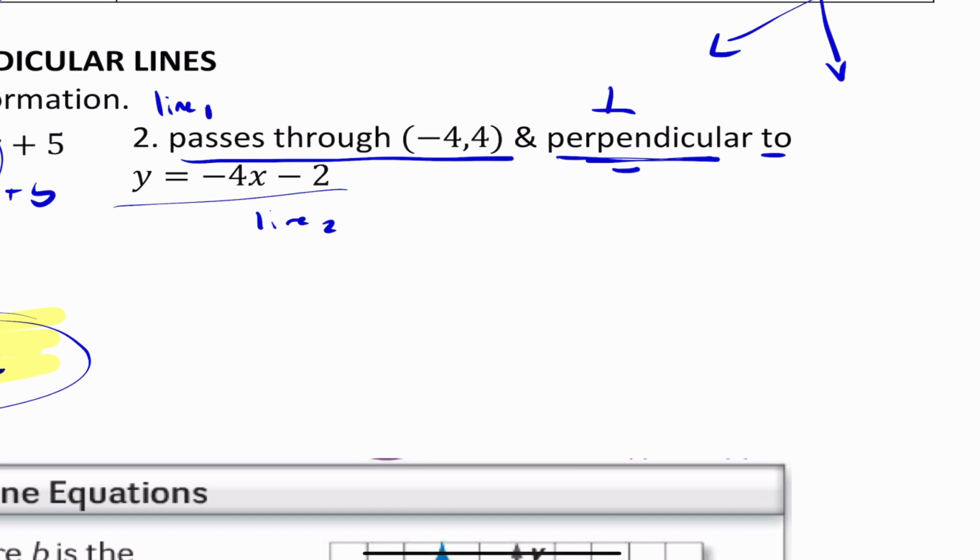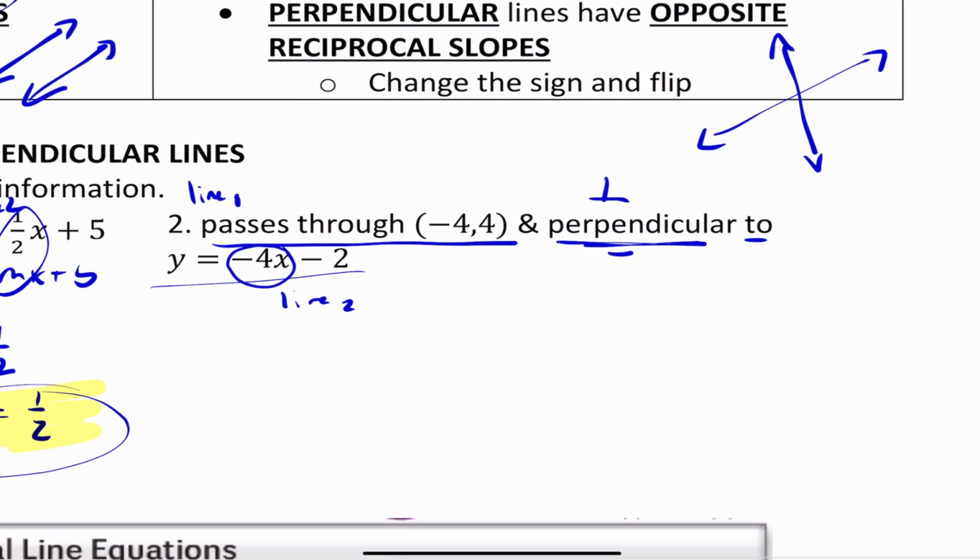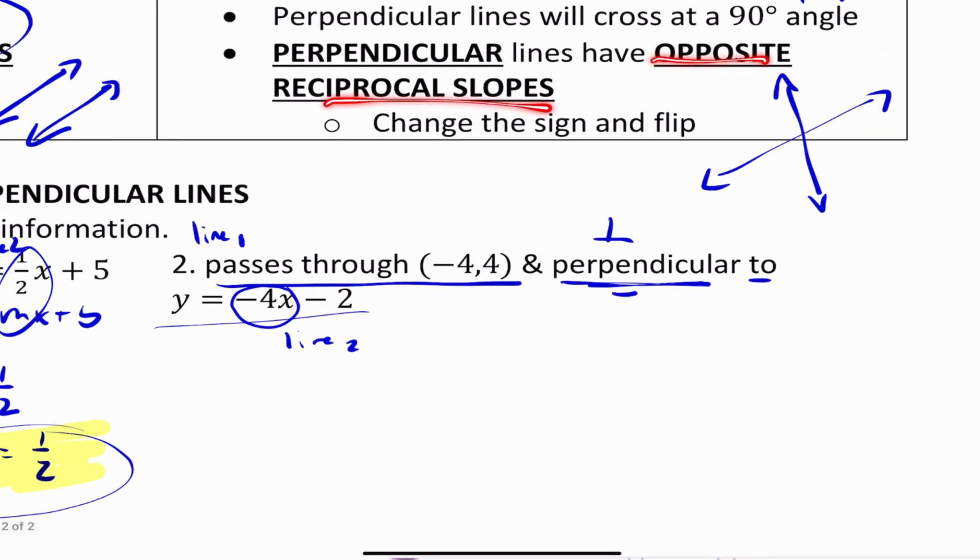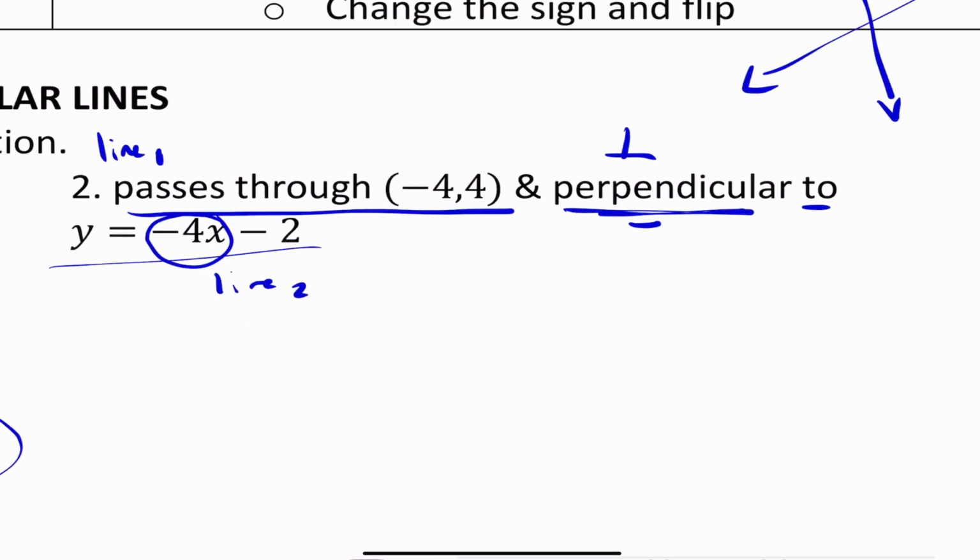Well, let's say, I don't know, if this here was y equals negative 4x minus 2, then that line 1 should have the opposite reciprocal slope, where line 1 is the one that contains that negative 4, 4. So that means that they intersect at a 90-degree angle, and they have this opposite reciprocal slope. So opposite sign, flip the fraction.